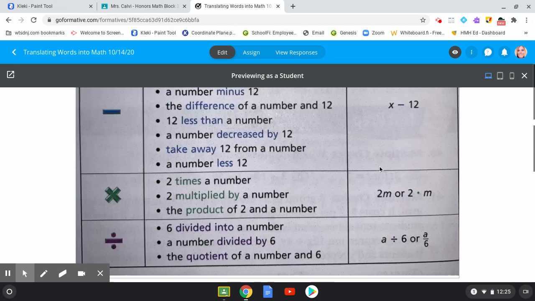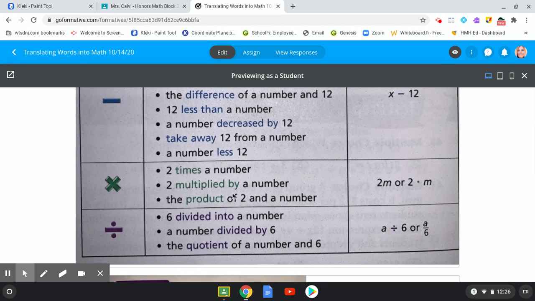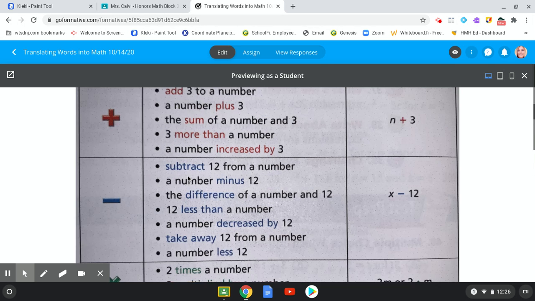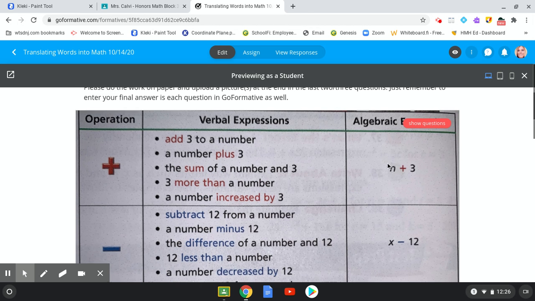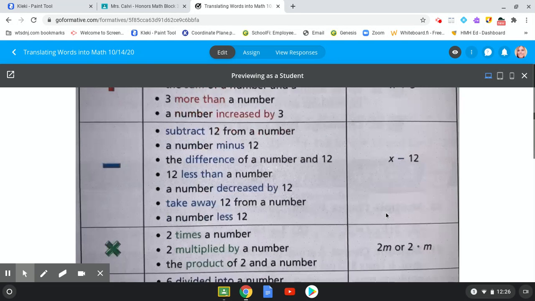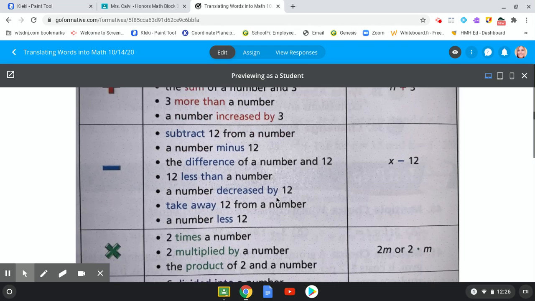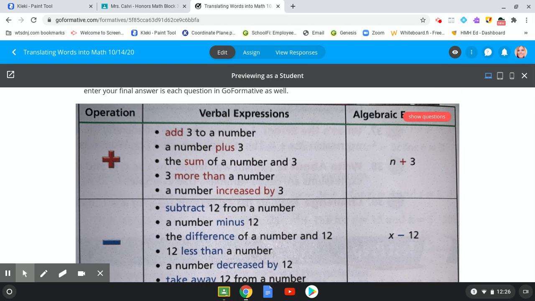So you can study this chart to see how they went from the verbal phrase to the algebraic phrase. Remember, the verbal phrase is mostly words. The algebraic phrase is where you have your variables with your numerals. I just want to quickly go over where they give you the algebraic phrase and you have to write the verbal phrase, and then we will be done for today.